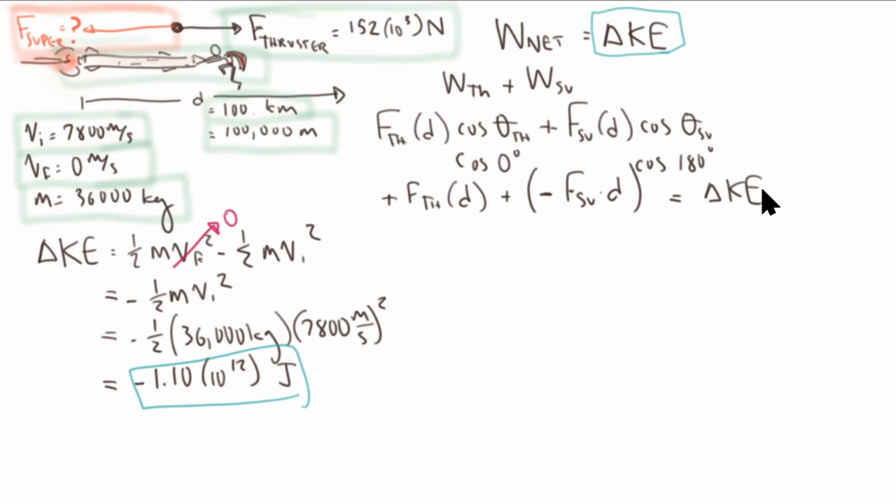So what we could do now is get a couple more numbers in here. The Superman force, if you remember, is our unknown. So we're going to want to solve for that in the final step. Let's get a little bit more information in here first. The force of the thruster is 152 kilonewtons, so 152 times 10 to the 3 newtons, over 100,000 meters.